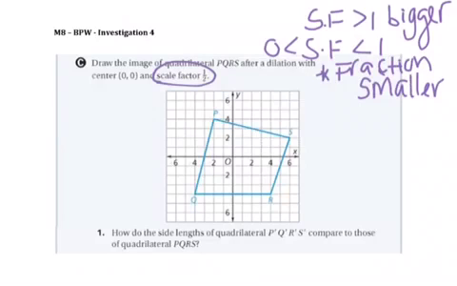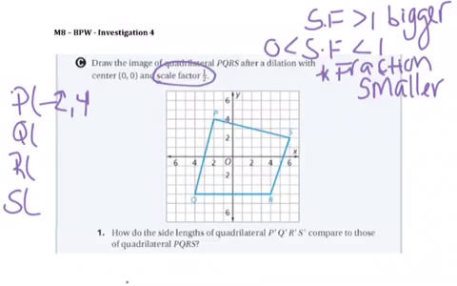Okay, so let's start by figuring out the coordinates for P, Q, R, and S. P is the point -2, 4. Q is the point -4, -4. R is 4, -4. And S looks like it's 6, 2.